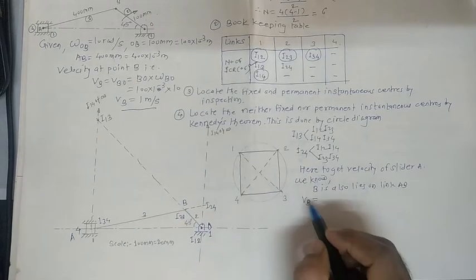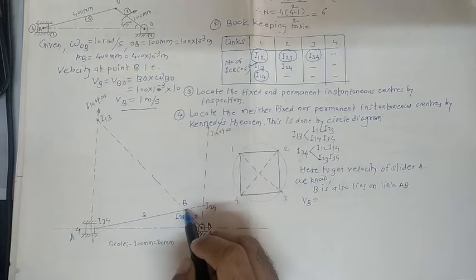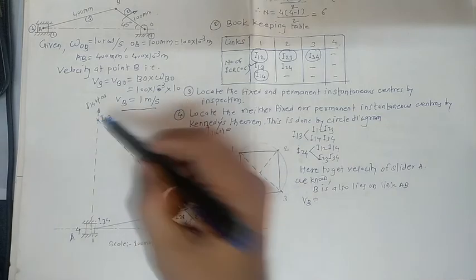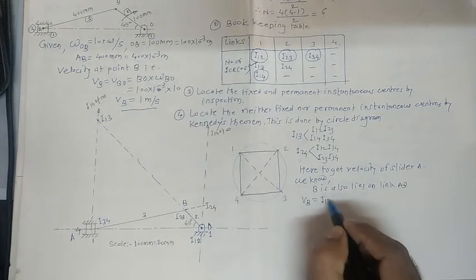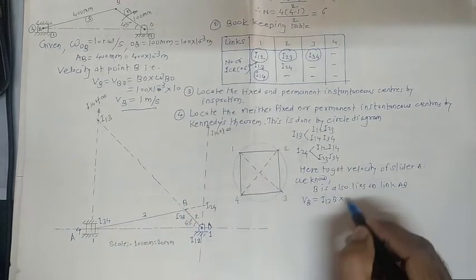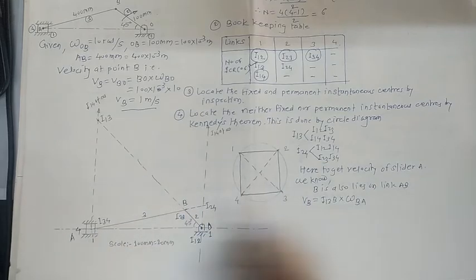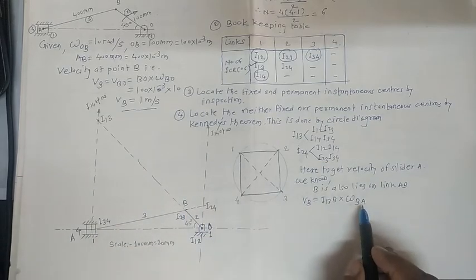You can get VBA equals the distance of rotation of this point with respect to this point, I13B, multiplied by the angular velocity of this link. This link is AB, so the angular velocity of the same is omega BA.